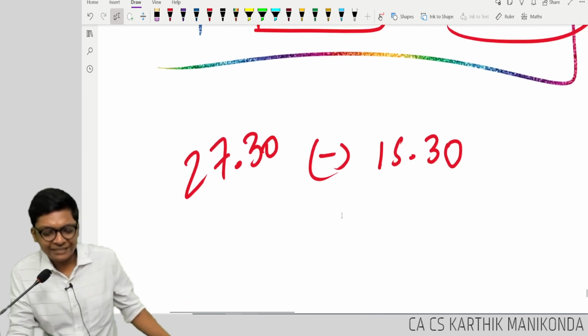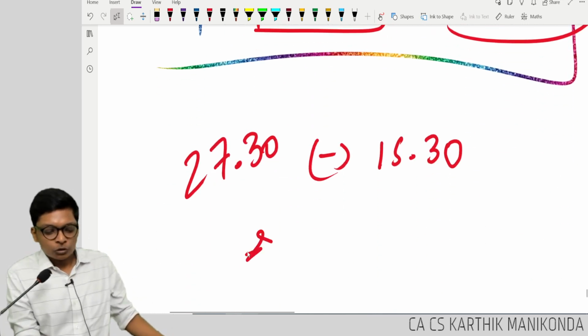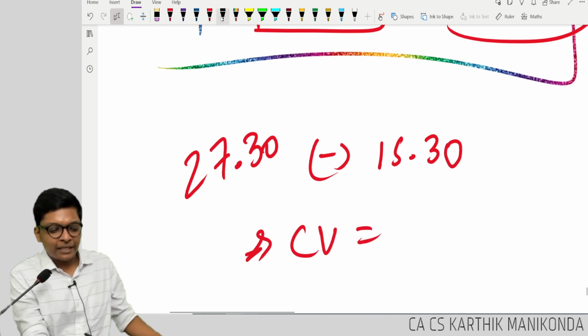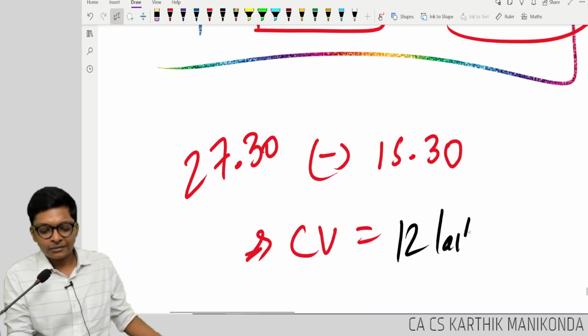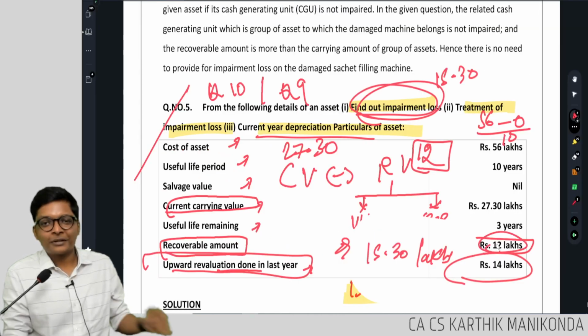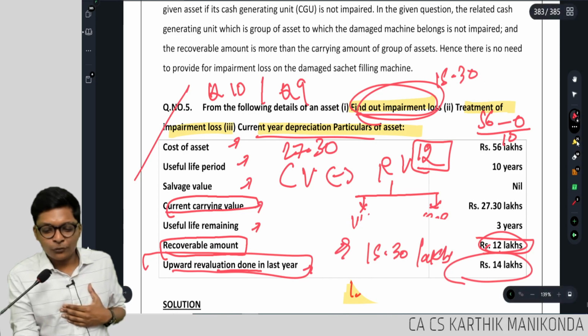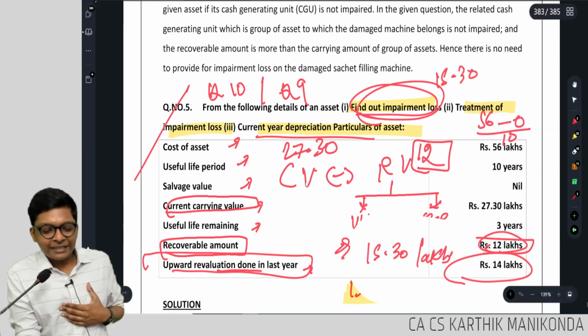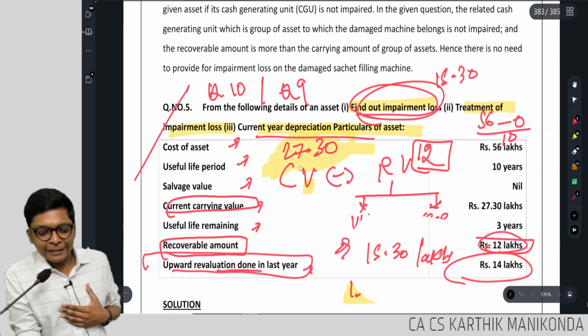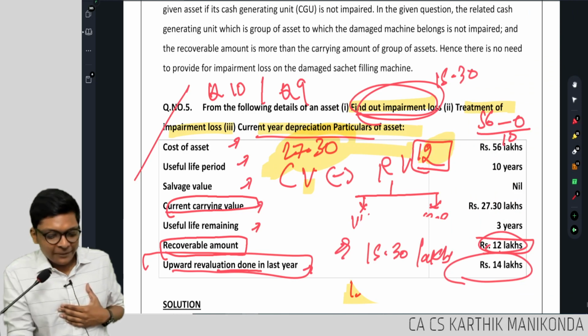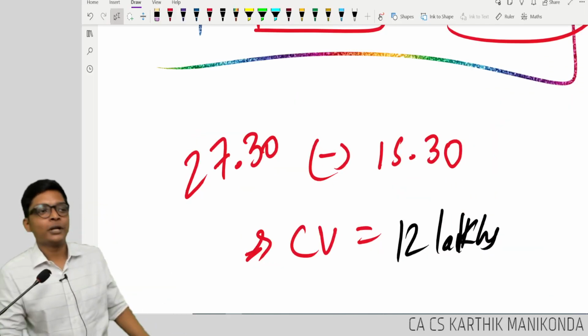That means I have to reduce the asset by 15.3. So the balance carrying value of the asset will now be 12 lakhs, which is nothing but my recoverable value. You are bringing the asset from 27.3 to 12. That means the book value of the asset will be 12.